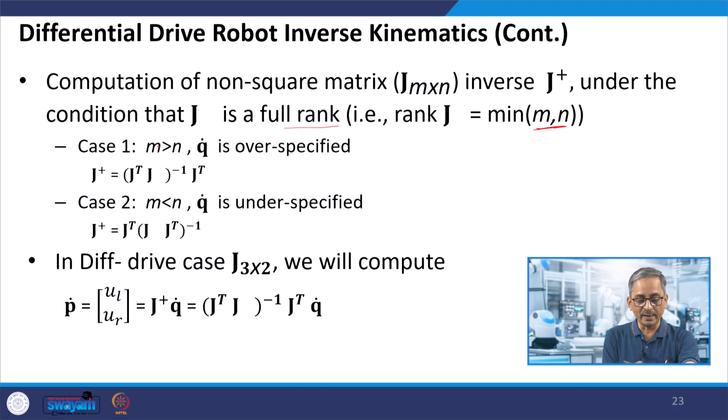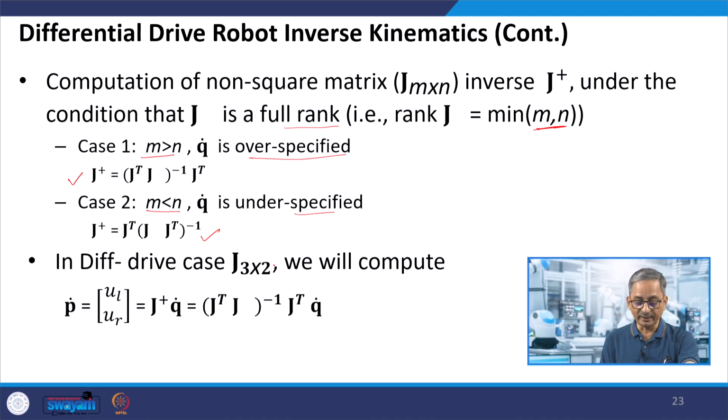Case 1: if the number of rows is more than the number of columns, then Q dot is over-specified, and this is how we can define the Jacobian. If the number of rows is less than the number of columns, then Q dot is under-specified, and this is how we can calculate the Jacobian.